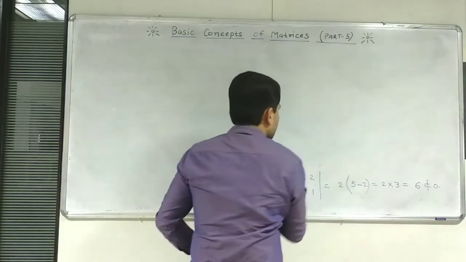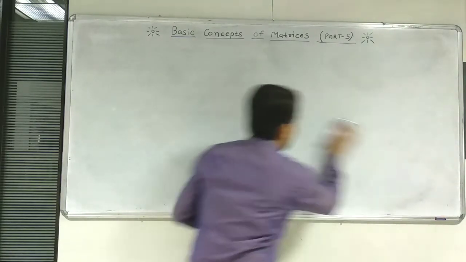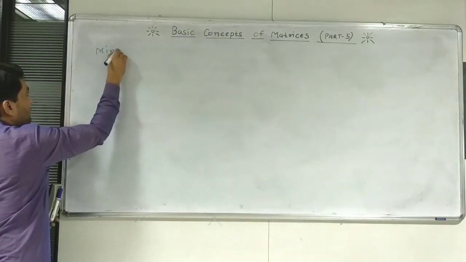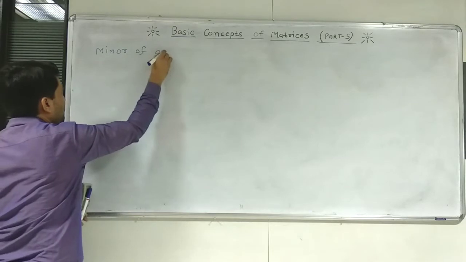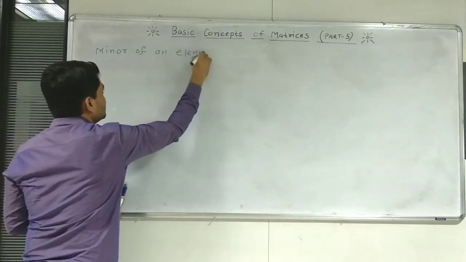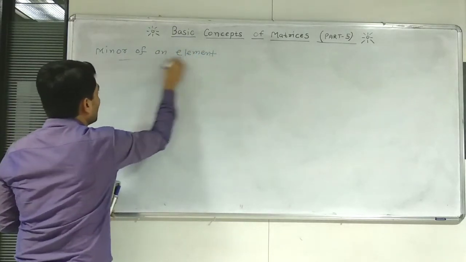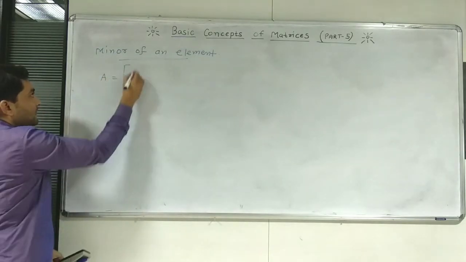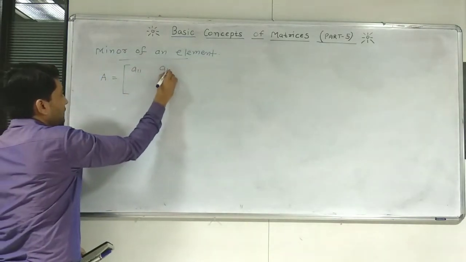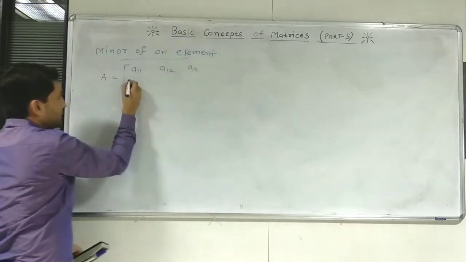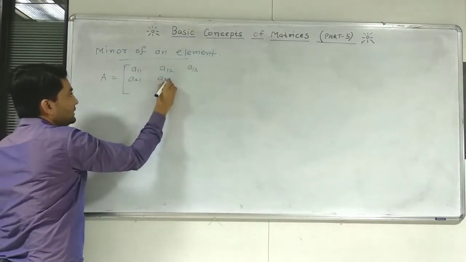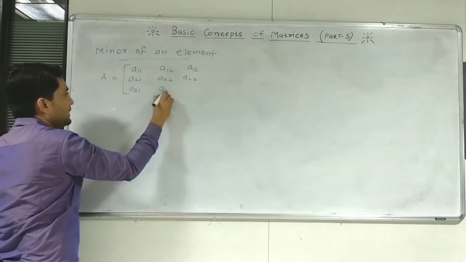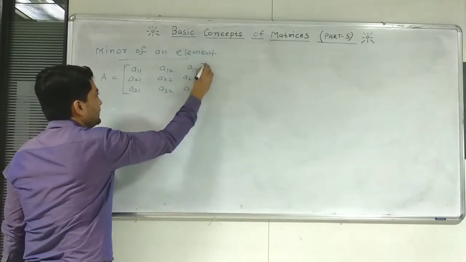So for this, first, the minor of an element. How to find the minor of an element? Suppose a 3 cross 3 matrix is given: A11, A12, A13, A21, A22, A23, A31, A32 and A33.